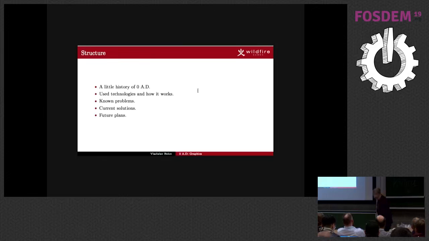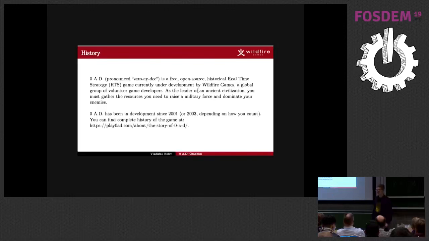So let's get started. 0 A.D. is an open source RTS game, real-time strategy, about ancient warfare. So we have a game about time around 0 A.D., obviously. The game is pretty old.